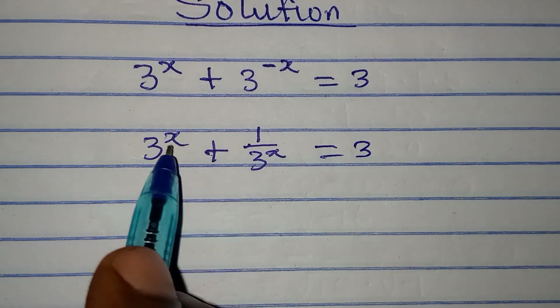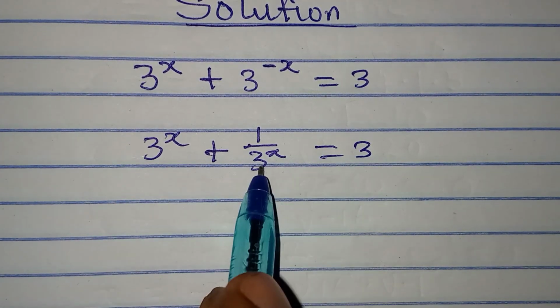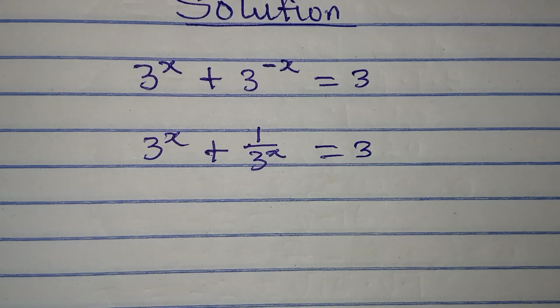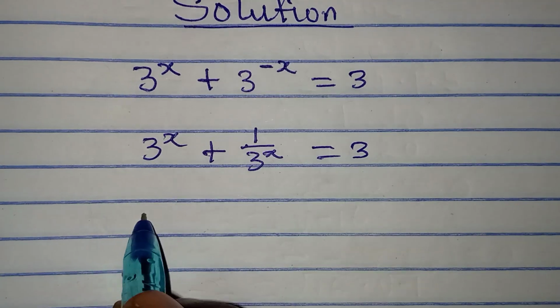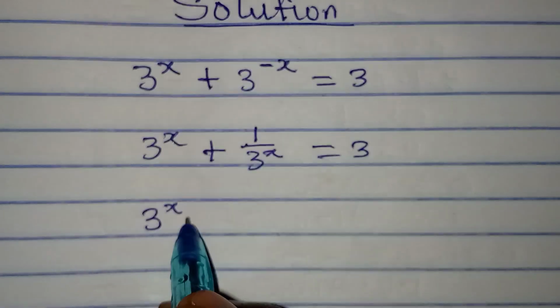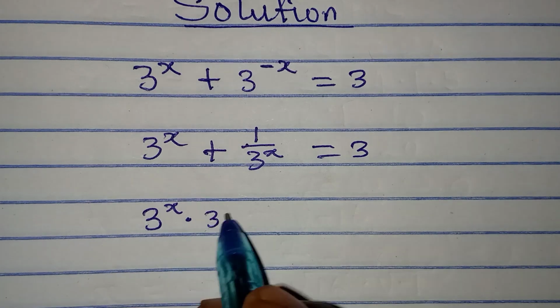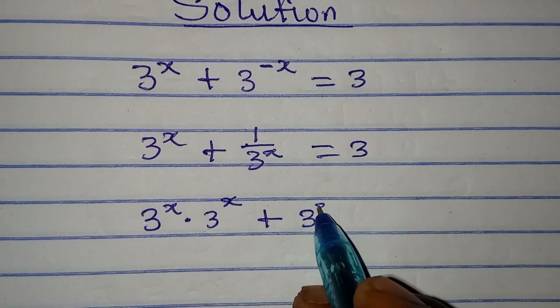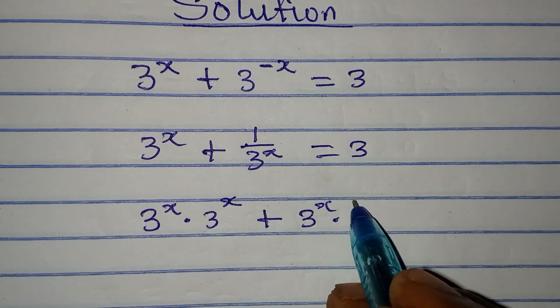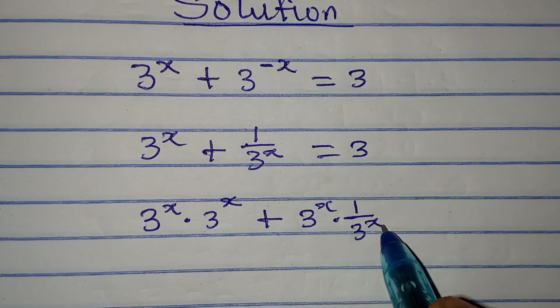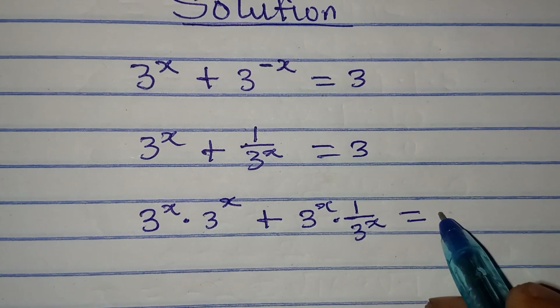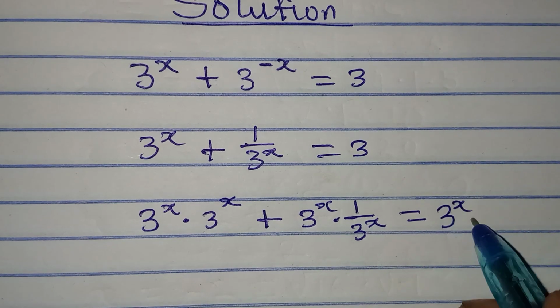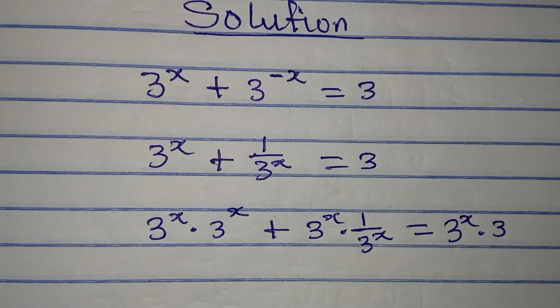So what I will do now is to multiply all through by 3 to the power of x, because that is the LCM. So I'll have 3 to the power of x multiplied by 3 to the power of x, then plus 3 to the power of x multiplied by 1 over 3 to the power of x, and this will be equal to 3 to the power of x multiplied by 3.